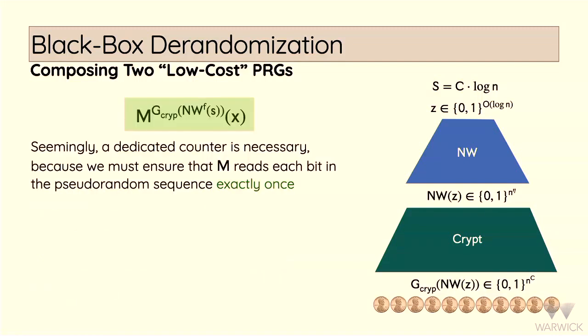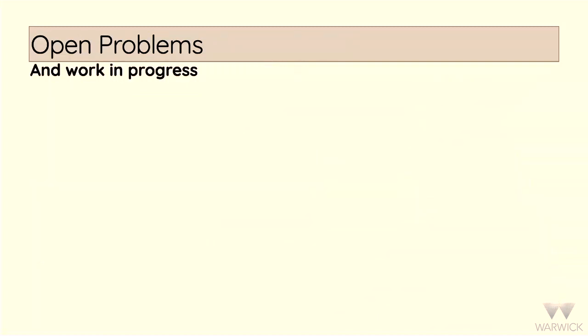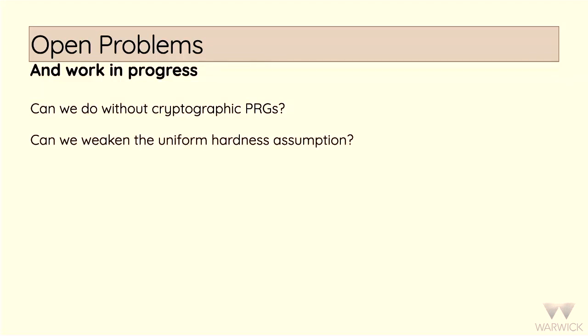So let's conclude with open problems. Some of it is work in progress. We don't like cryptographic PRGs in de-randomization and complexity works, usually. So it would be better to get rid of them and to assume only standard hardness assumptions. The second question is to weaken the uniform hardness assumption.